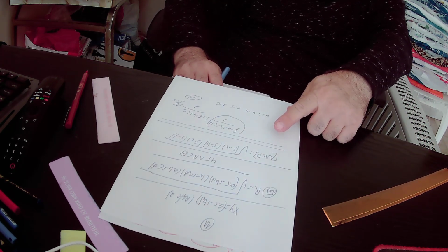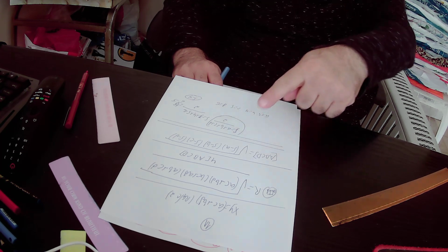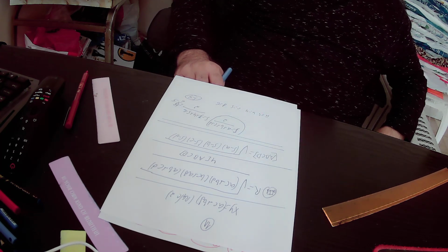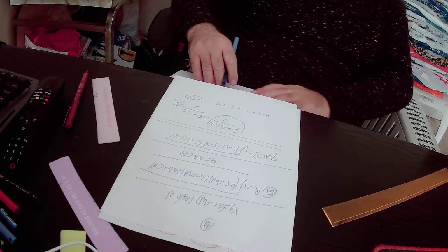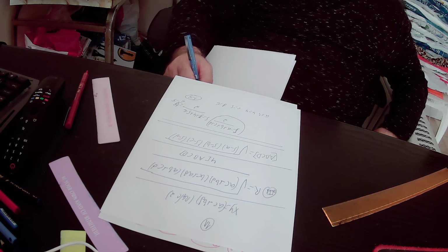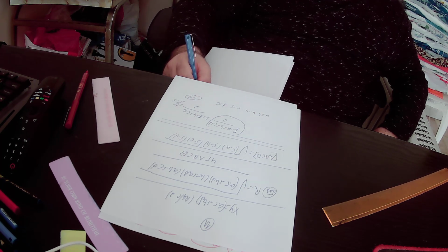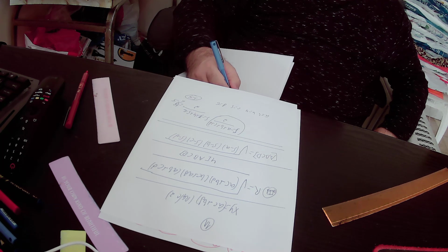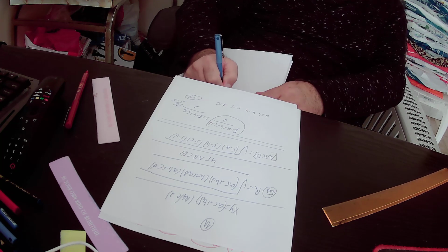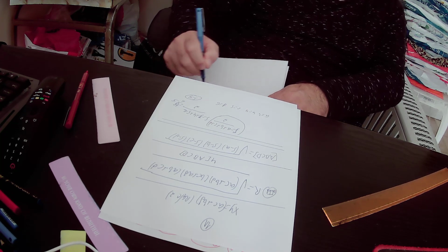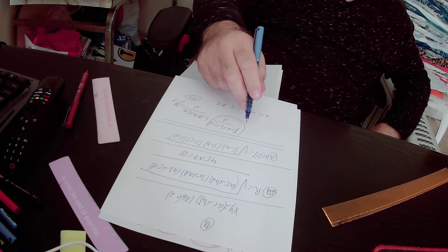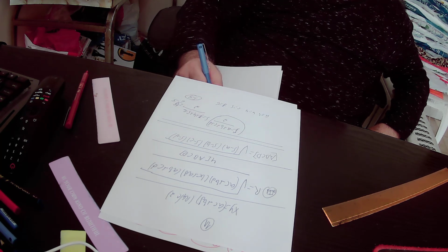We will substitute S by 9 in this equality, and we will get that the area of quadrilateral ABCD according to this equality equals the root of S minus A. S is 9, A is 3, so it is 9 minus 3.